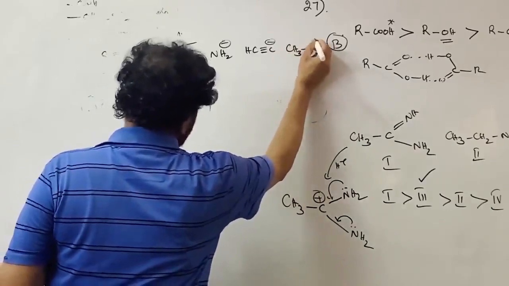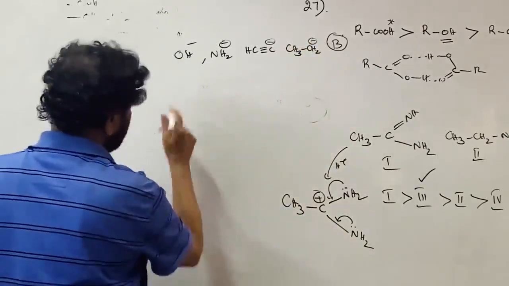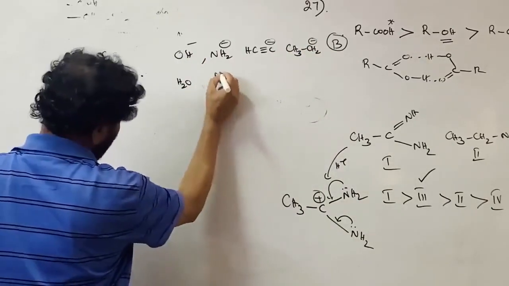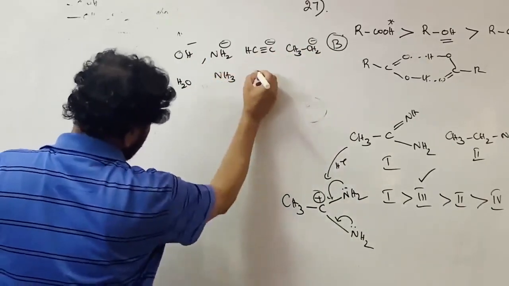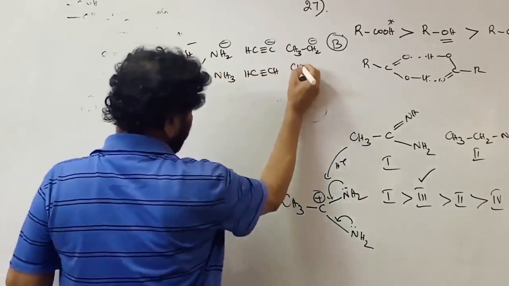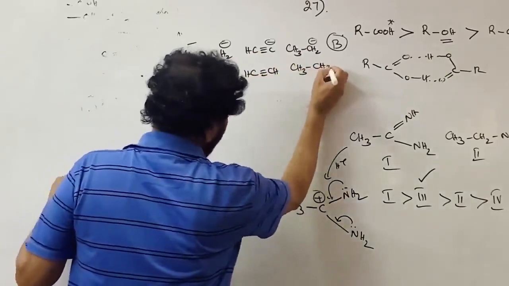This is the conjugate base of water, this is the conjugate base of ammonia, this is the conjugate base of acetylene, and this is the conjugate base of ethane.